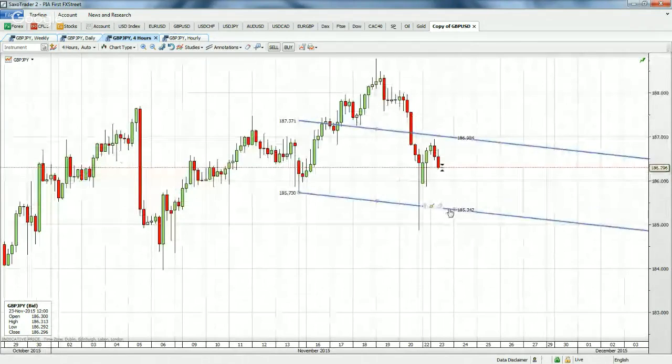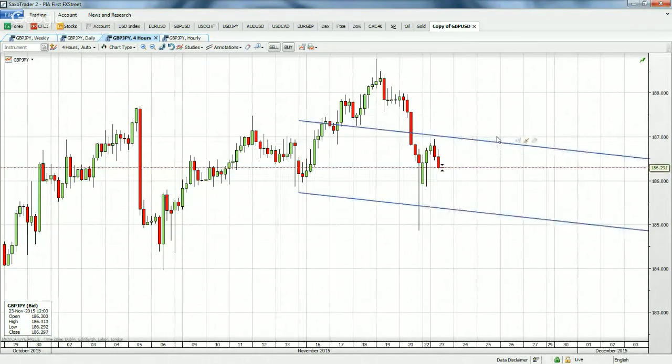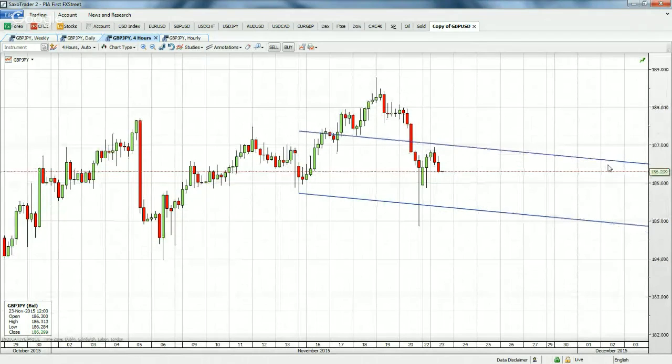there, and then we'd look for a bounce, because that would be 1, 2, 3, 4, 5, a bounce in a choppy wave pattern higher towards about 186.50, 186.70, and then to get short later on this week for the next impulse move lower.